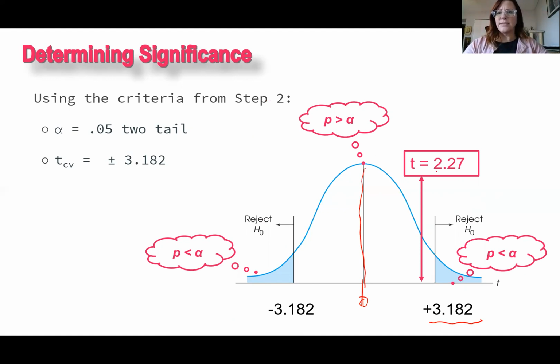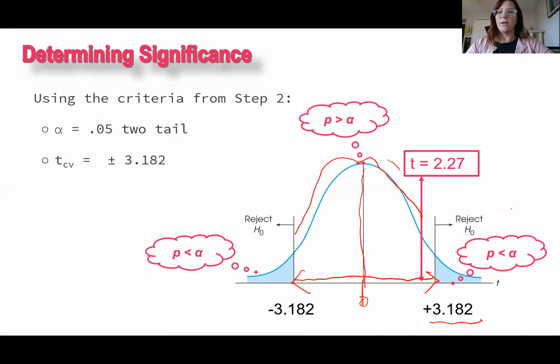So if you'll notice, basically this little bubble is giving us anything from here to here. So any of this region from the critical value boundaries, all that entire area in the middle, our probability value, our p-value is greater than alpha. That's how we know.